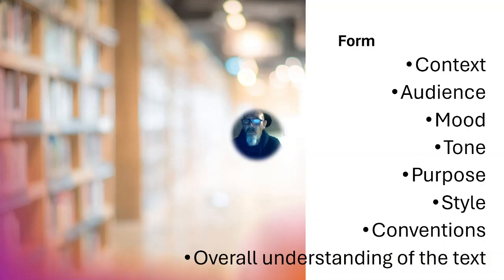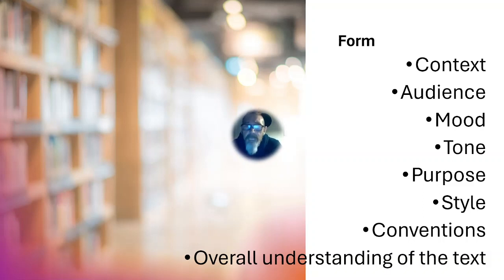Everybody's like, what is form? Form, very simply, is showing your overall understanding of the text. This could include your understanding of the context of the text. What is the main idea?